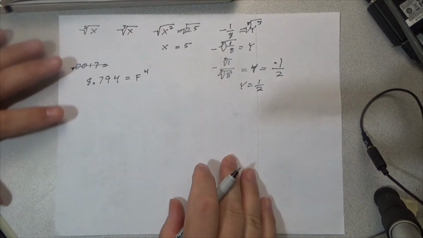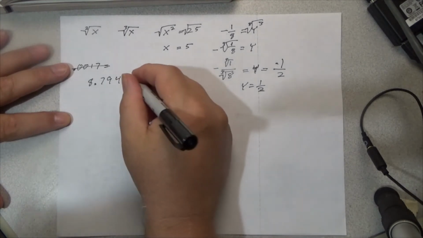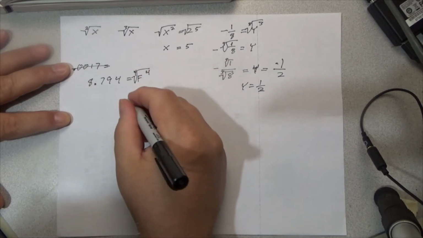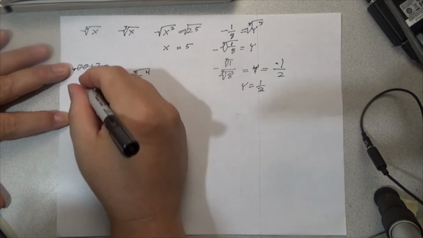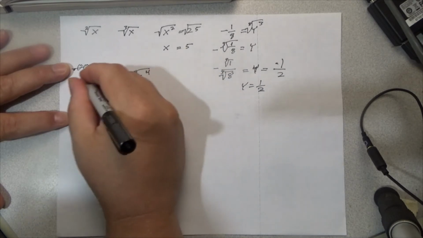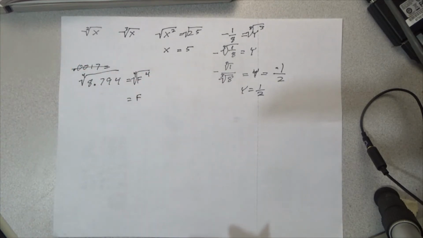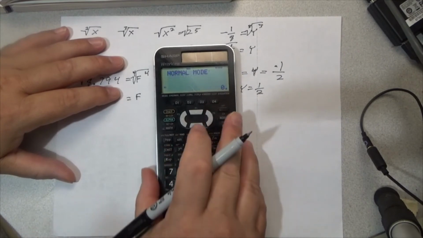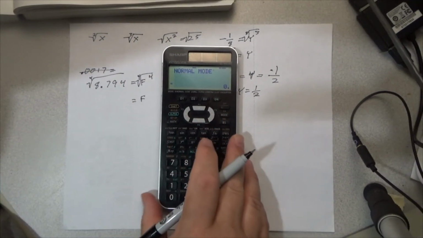Now this is on that calculator, so I need to take the fourth root of that side is going to give me f, and I need to take the fourth root of this. This is where on your calculator you're going to use that button.